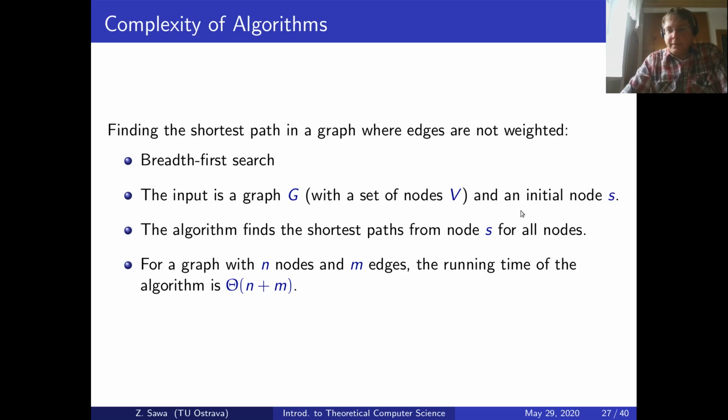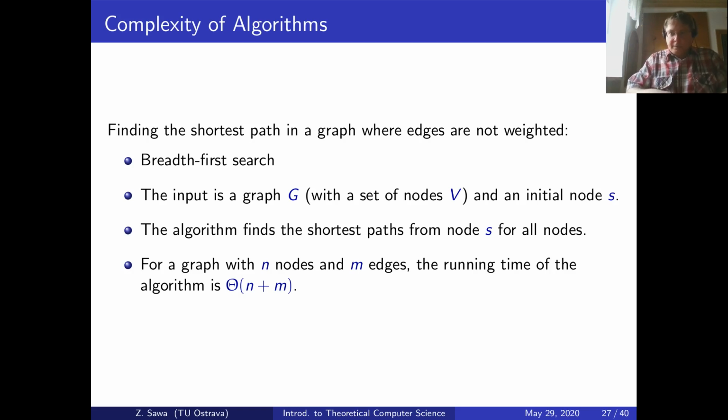One of the nodes will be selected as the initial node, and the result produced by the algorithm is that it will find a representation of the shortest path for each node in the graph that is reachable from this initial node, and it will also find its distance in terms of number of edges. We assume these edges are not weighted.